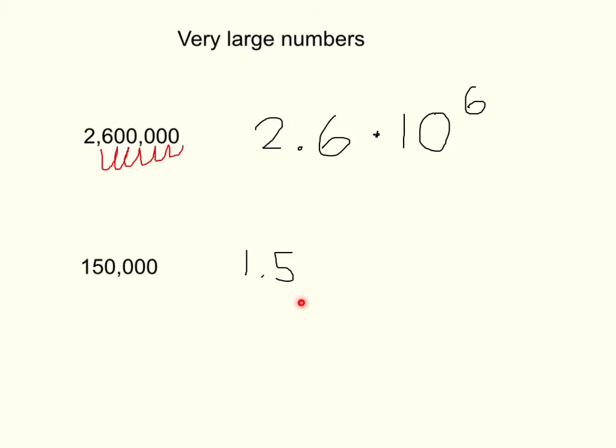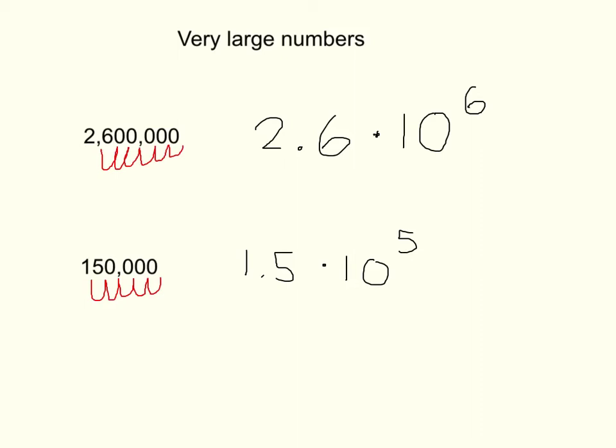Our next step is to multiply that by a base 10. Now to find our exponent, we have to discover how many times we moved our decimal place. Well, we moved it from here 1, 2, 3, 4, 5 times left. That would make our exponent 5.